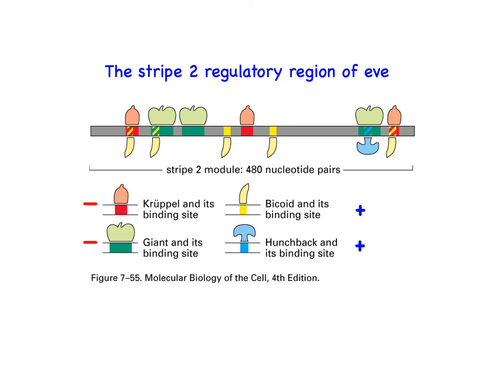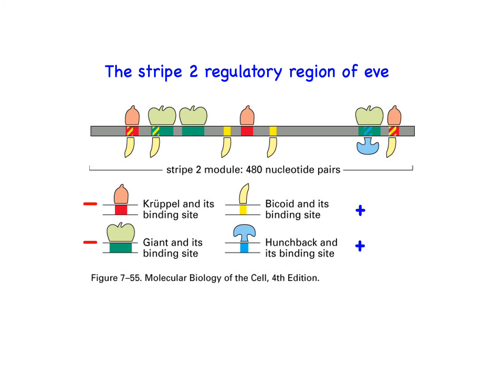Now if we look at the schematic of the actual regulatory region for STRIPE2, what we see are a number of binding sites for these four different proteins. And again, Krupel and giant are repressors. They turn off the gene. Bicoid and hunchback are activators. They turn on the gene. And you can see there is some overlap here of the repressors with the activators.